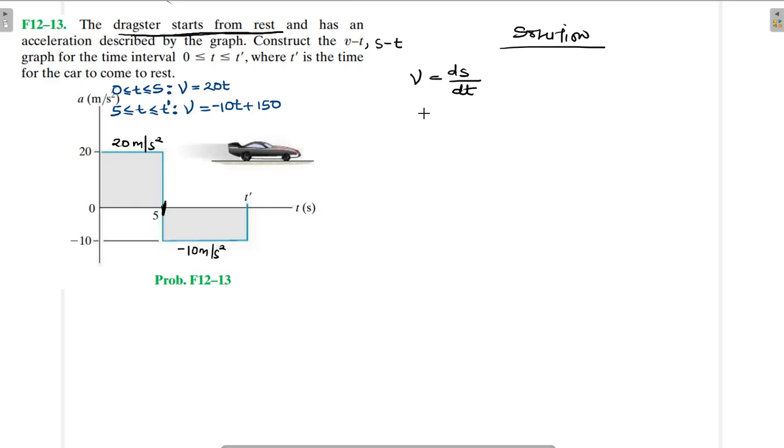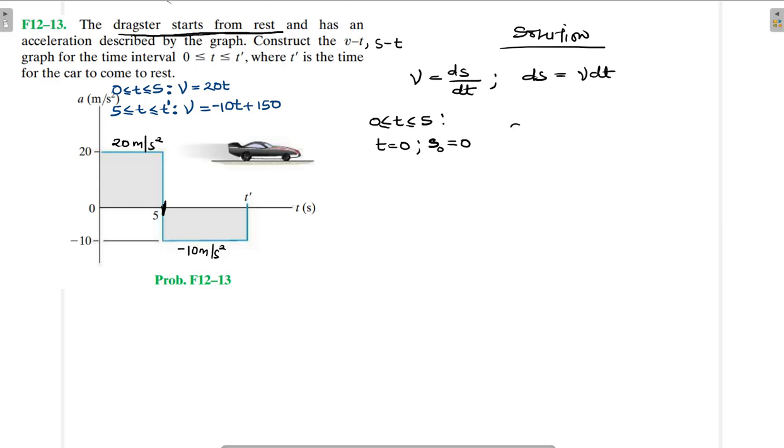So let's look at the first interval. Writing this, we have ds equal to v dt, in the interval t from 0 to 5, where at t equal to 0, our displacement s naught is also equal to 0.